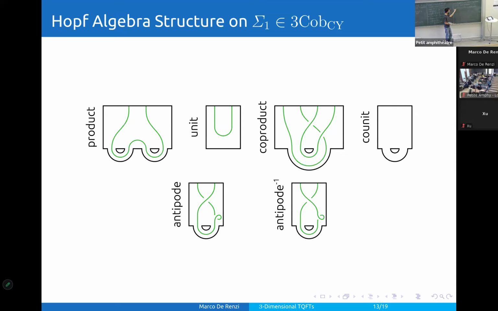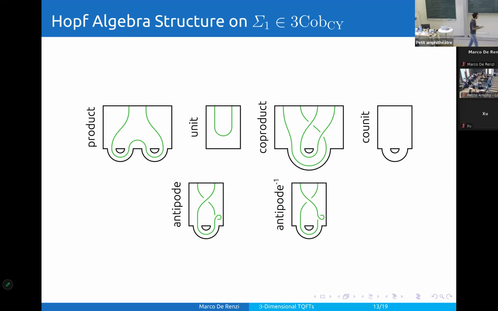This means taking the coproduct of x, multiplying from the left with the left component of the coproduct, and from the right with the antipode of the right component. In diagrams, it's something like this. Okay, this is the adjoint action, and this is the end in the category of H modules.